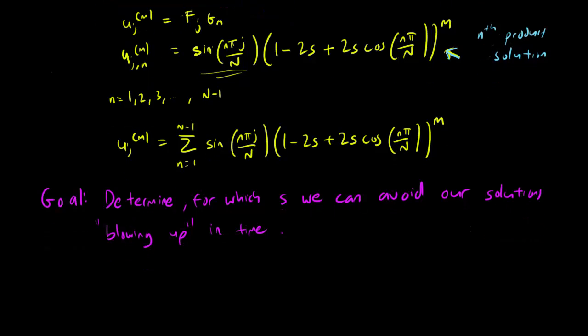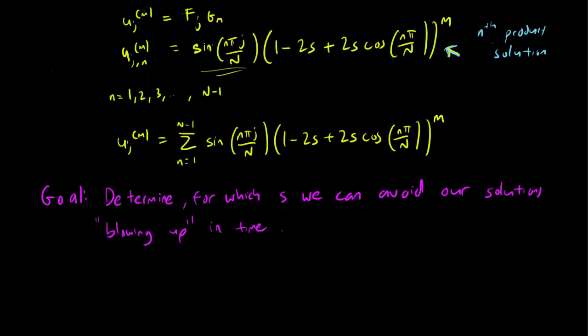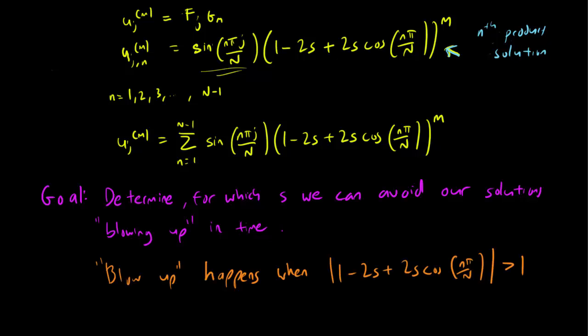And it's clear here that blow up happens when this 1 minus 2s plus 2s cosine(nπ/N) term has an absolute value greater than 1. So remember that m here is the time variable. So if this thing that is exponentiating becomes larger than 1, clearly the solution will blow up in time. So we need to avoid this situation.